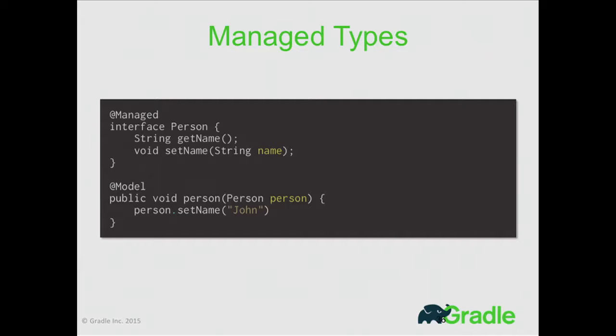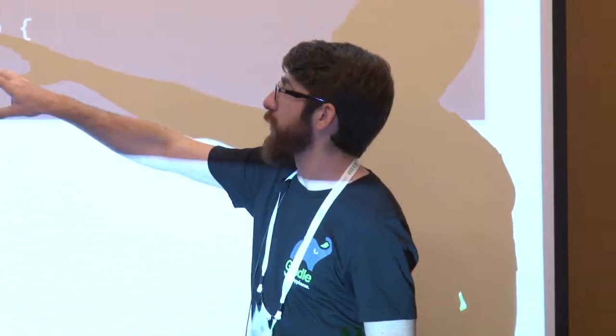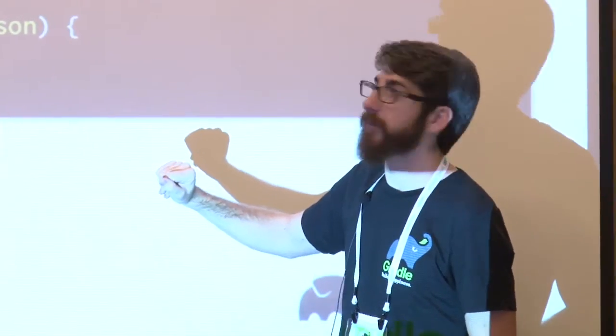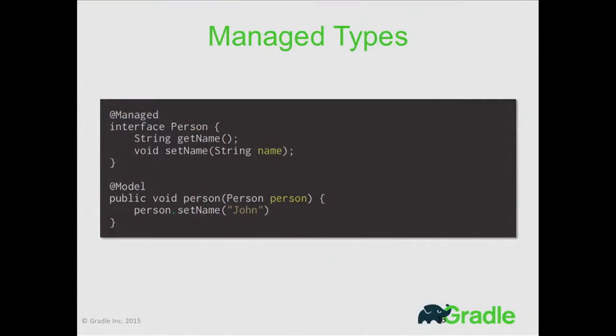And now I'm going to create a creation rule, and it's going to create an instance of that managed type. So instead of returning type person, and I return new person here, instead Gradle creates an instance of this type, because we control the implementation, and then we just pass the instance of the managed type that we created into the rule.